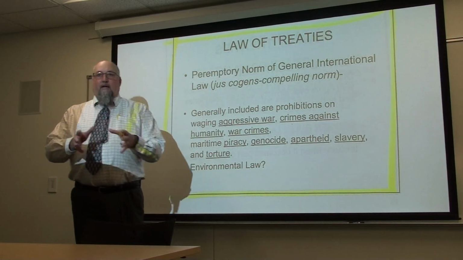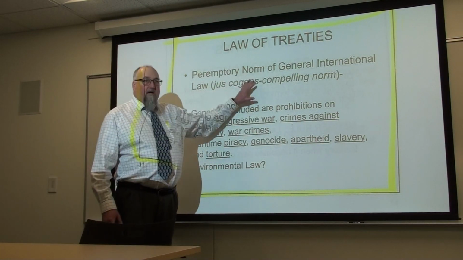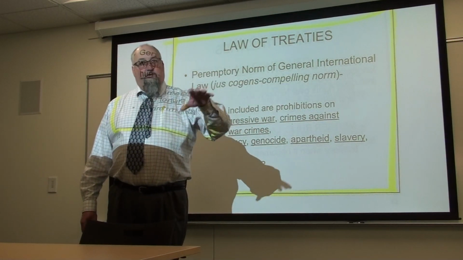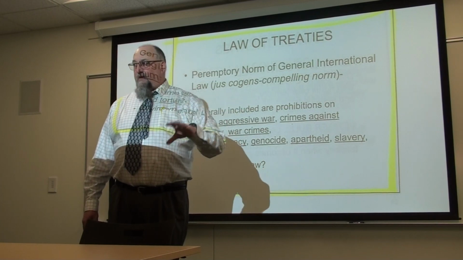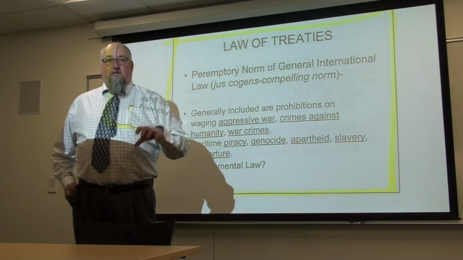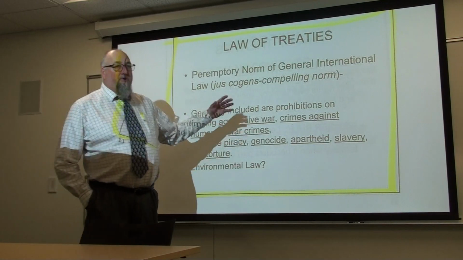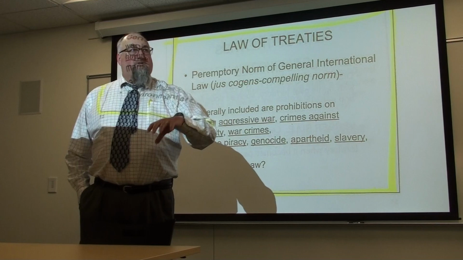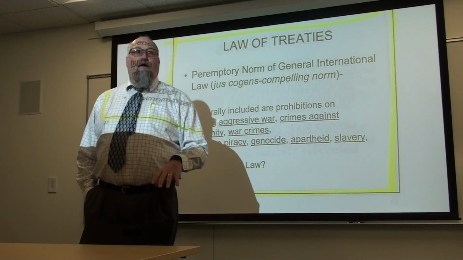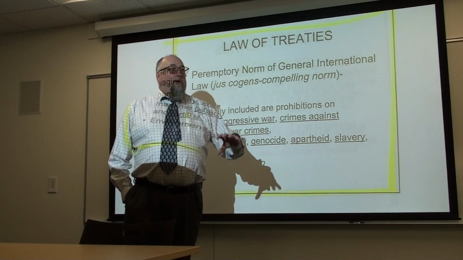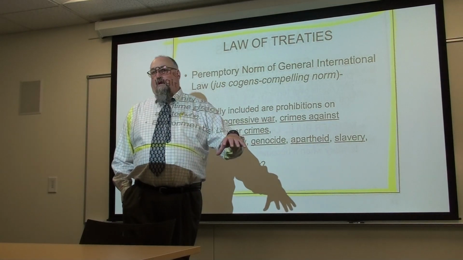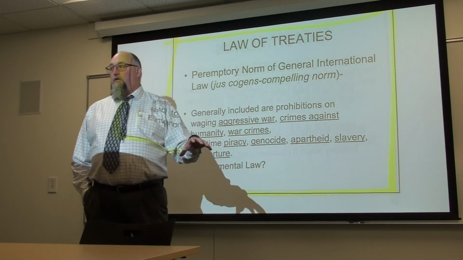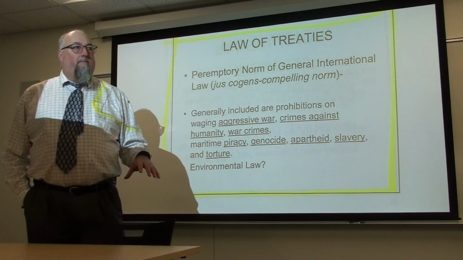So where I'm getting at with this is, again, back to the theme over and over, rule of law versus rule of force. This is the idea that if a state is engaging in violation of a peremptory norm, then international organizations such as the United Nations, through the Security Council or other means, may have the authority to go in and stop that particular violation of a peremptory norm.